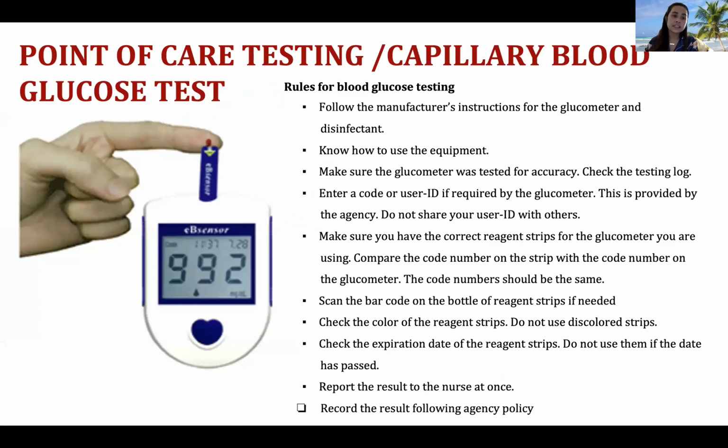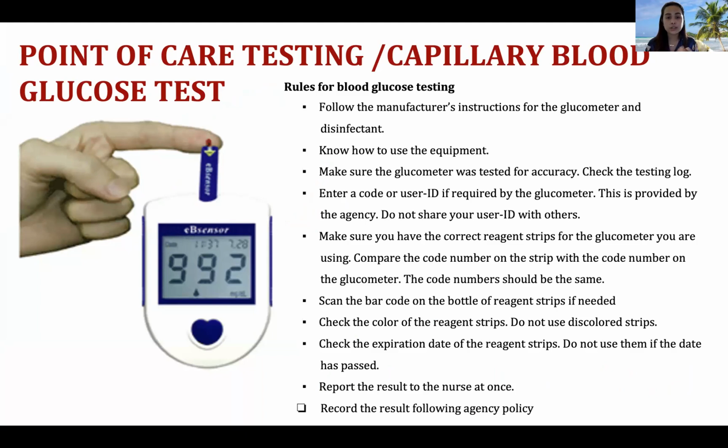Next is point of care testing, or the capillary blood glucose test. It is also called CBG, capillary blood glucose, or POCT.